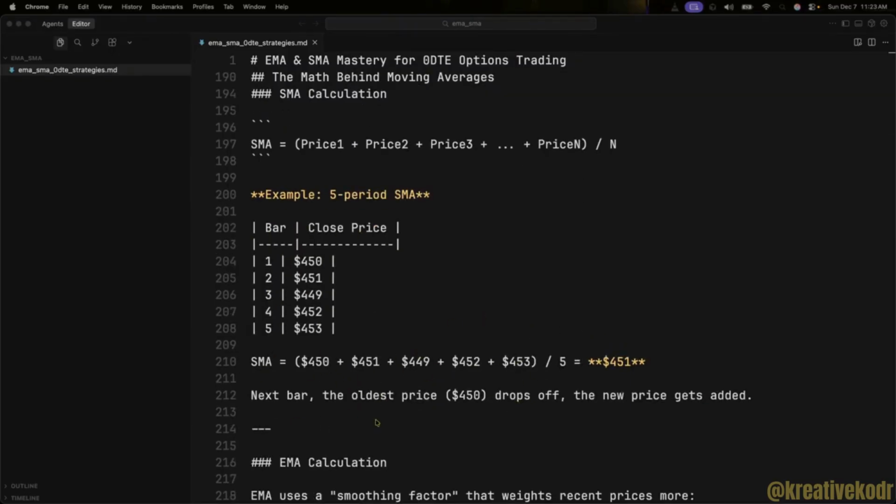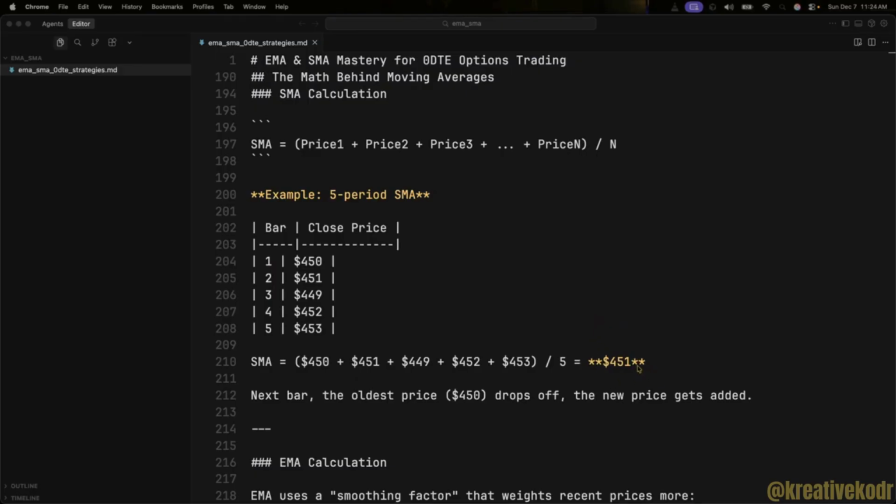The next bar, the oldest bar drops off and the new bar gets added, so it stays within the confines of 5. So a 5 period SMA takes the last 5 bars, takes a simple average of it, and says, okay, the average is 451.